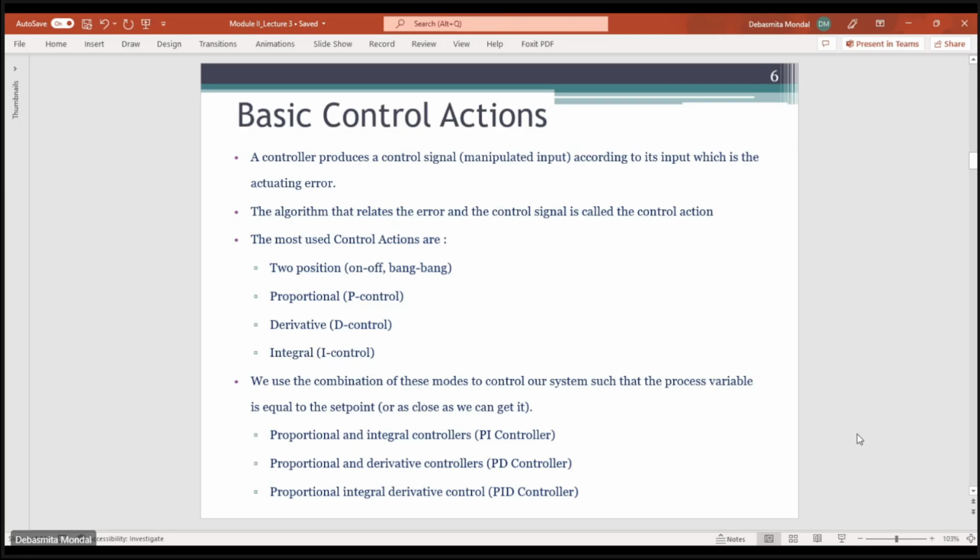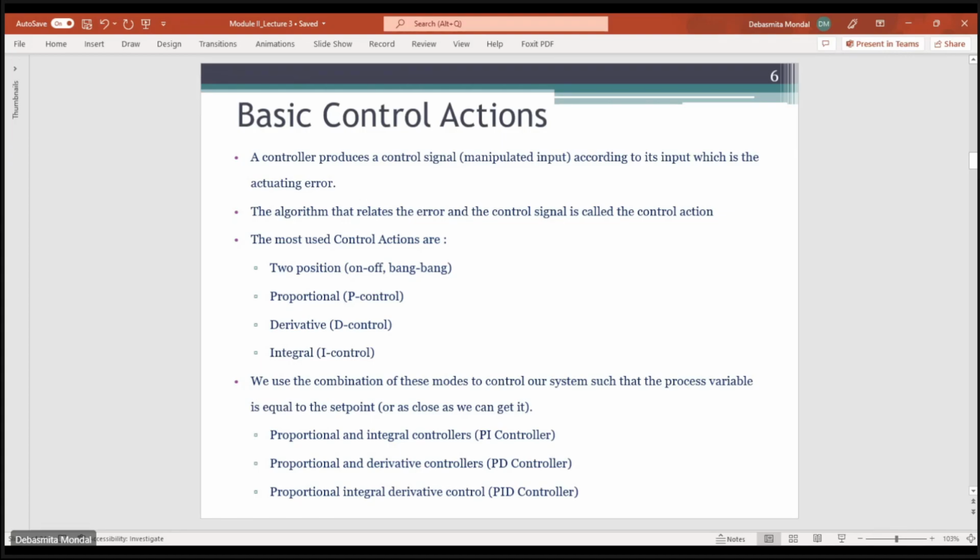But usually when you are given a control system, none of these control actions can individually control the system properly. It might so happen that this proportional action alone is not suitable for controlling the final system and making the system perform in such a way that the process variable is equal to my set point.